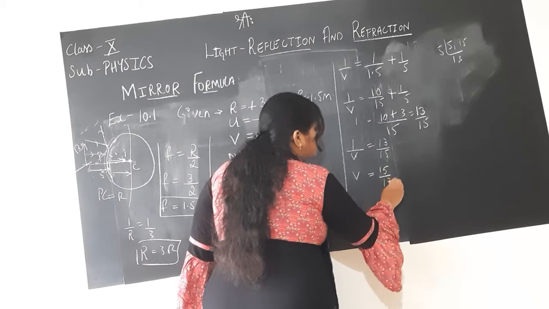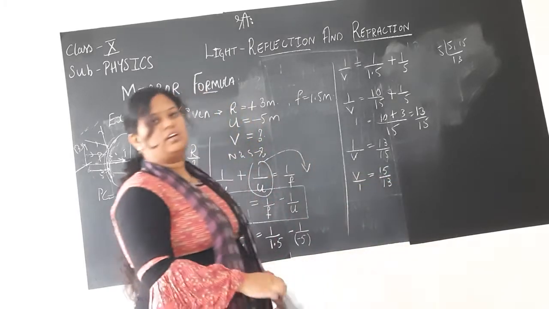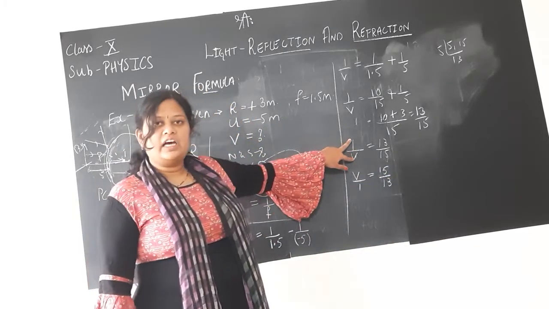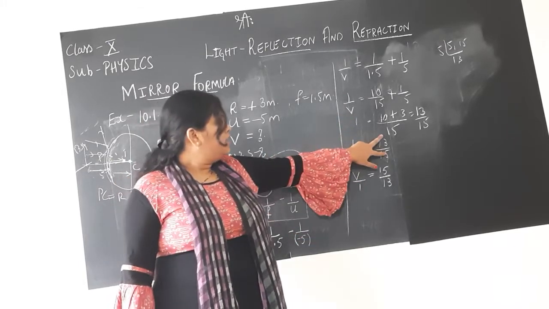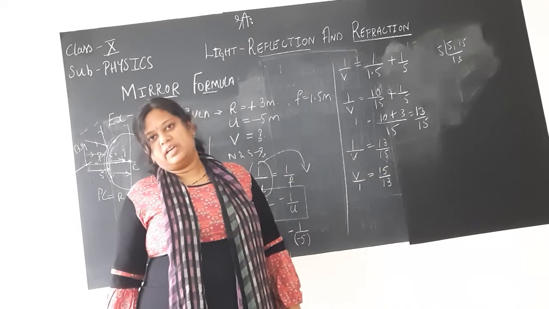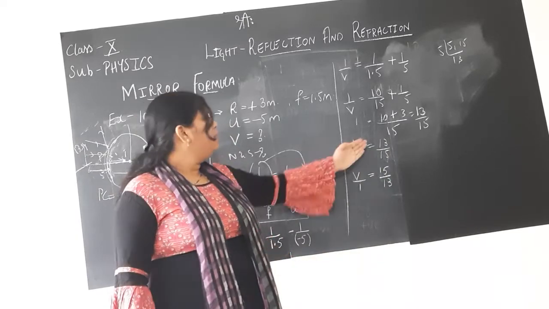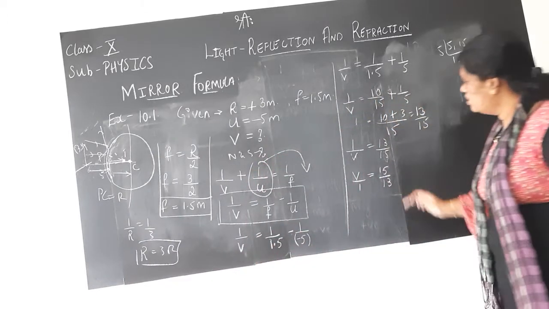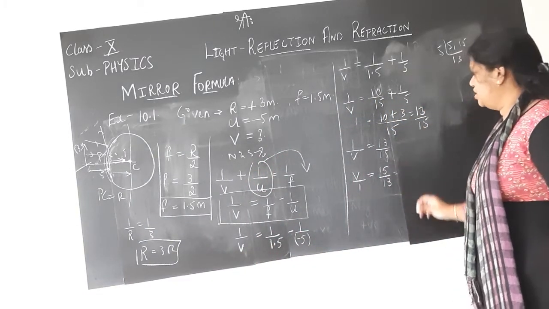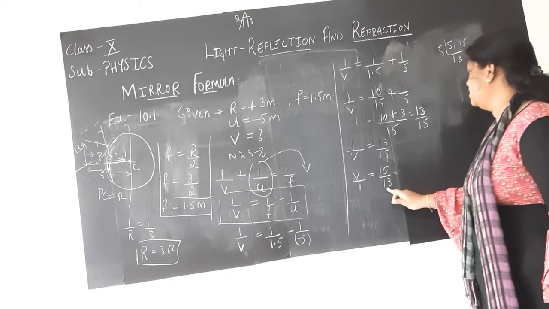It is 15 by 13, v by 1. 1 by v to v by 1, if you take the reciprocal of it, 13 by 15 will become 15 by 13. Why am I doing this? Improper fraction now. I am doing this so that I can easily simplify. Final answer also you should keep it as it is.